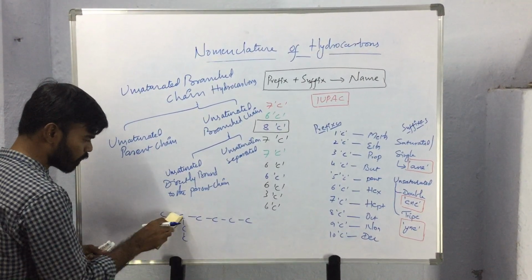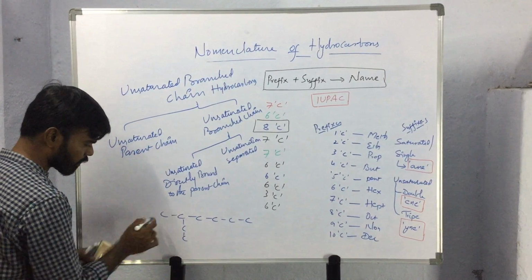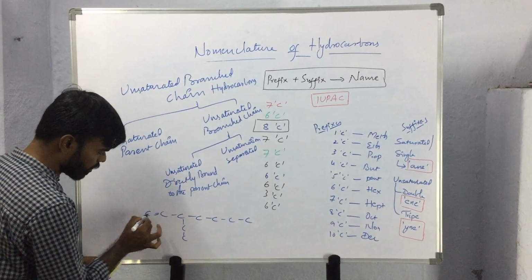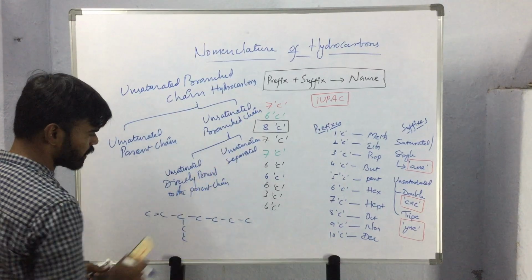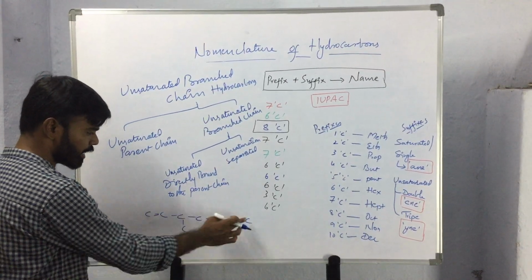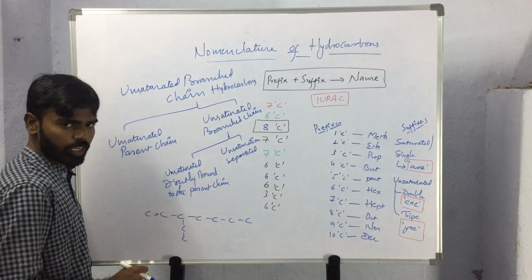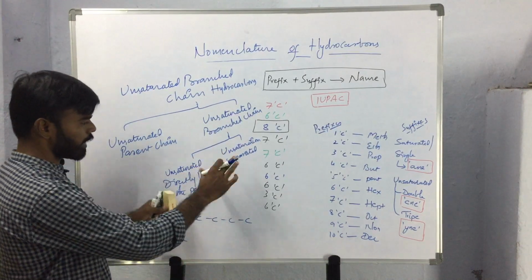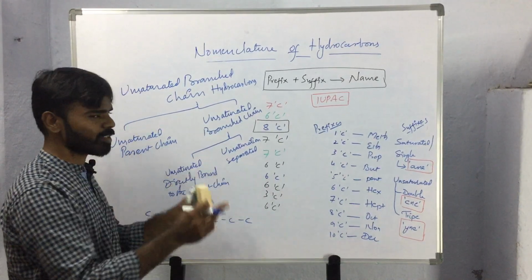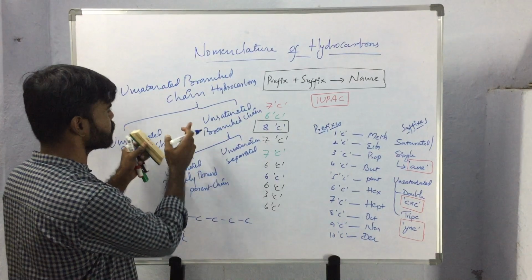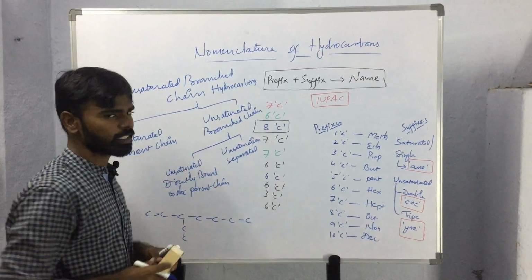Or if we consider it like this and the unsaturation is present, then the unsaturation is separated from the main parent chain. So these three kinds of unsaturations we will be observing in unsaturated branched chain hydrocarbons.